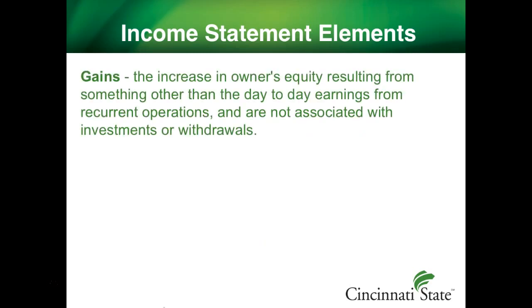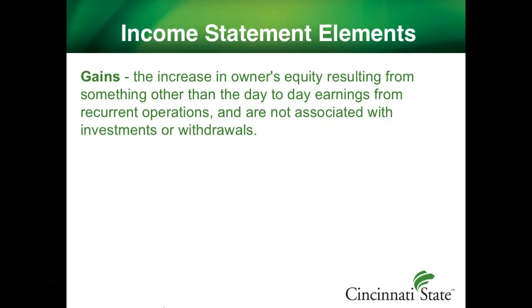Non-typical business activities resulting in flows or outflows of assets will generate gains or losses. Gains and losses result from peripheral transactions. For example, a CPA firm's revenue and expenses will result from its principal activities. Revenues for services provided such as consultations, audits, tax returns, etc. And expenses would be resources used such as salary, rent, utilities, supplies expense.